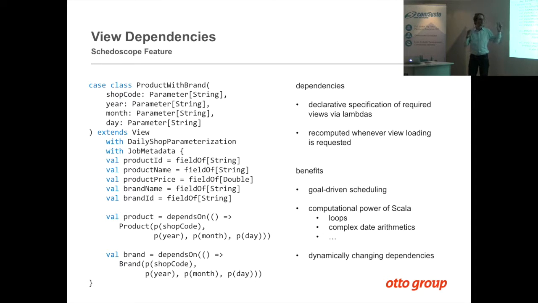You might have some table which holds information about all the things that people have bought when there was a full moon, or every 13th day in every second month, and you could express this right here. And this is something that is more difficult when you specify the dependencies in an XML file, because you just can't do it. And that's the second core point. In the view itself, you specify what you need to compute the view itself.